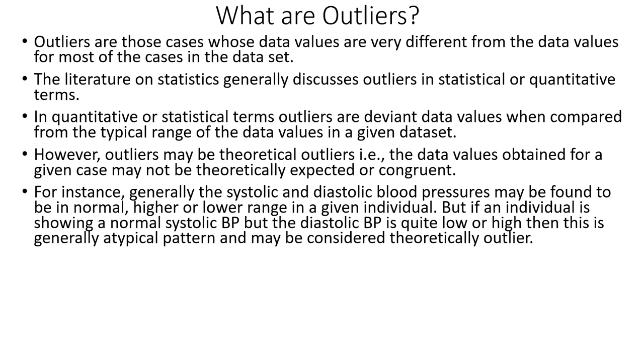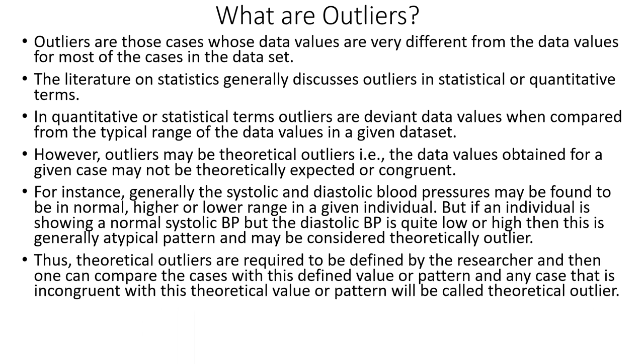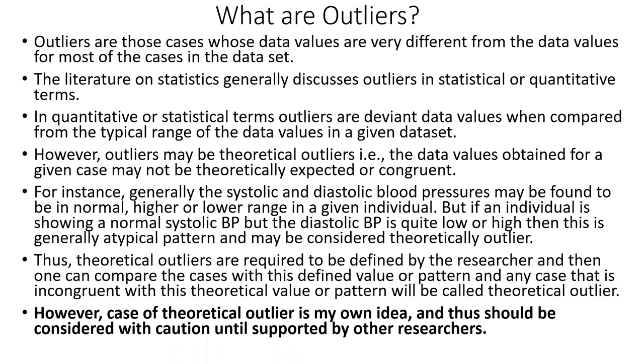But this is my conception, so I will warn here that theoretical outliers should be considered very carefully and with caution. For example, I am taking two values, diastolic and systolic blood pressure, and the example I have given may be considered an example of a multivariate outlier.